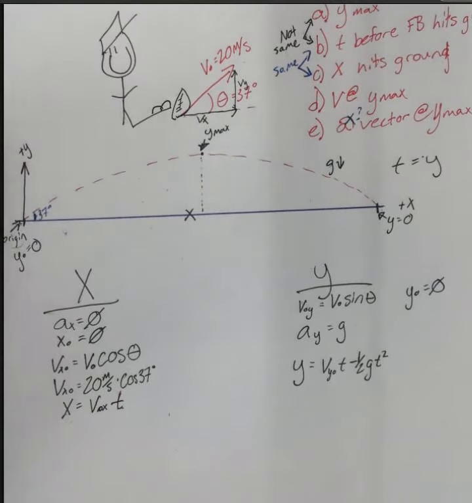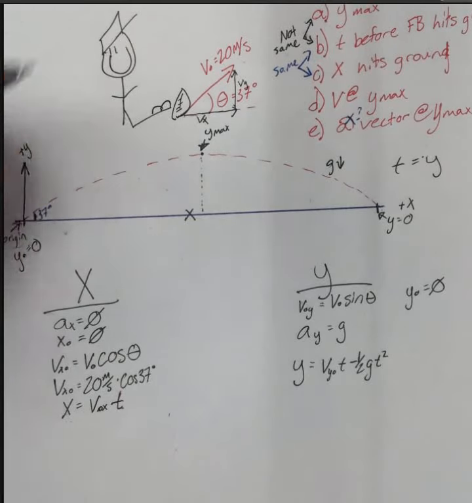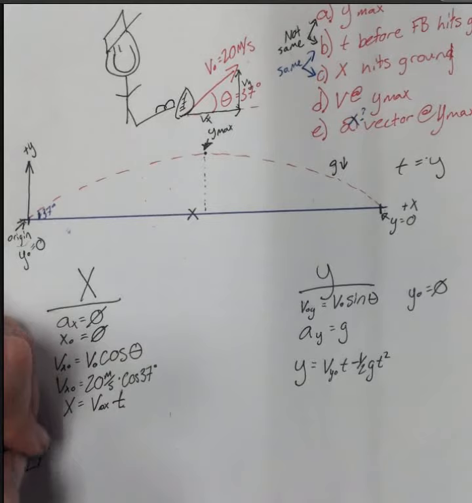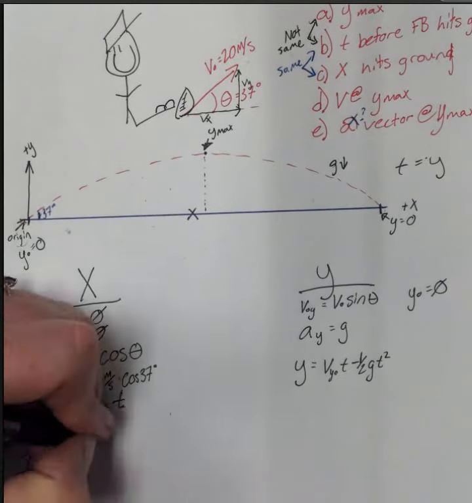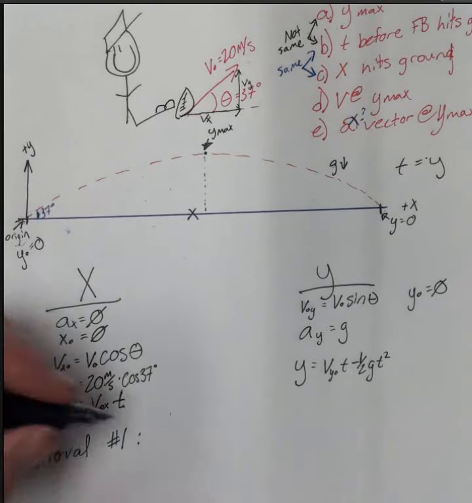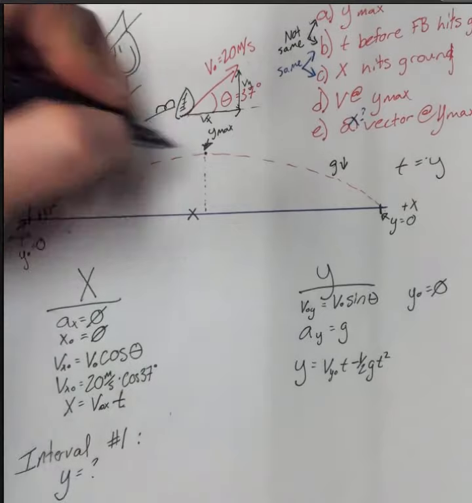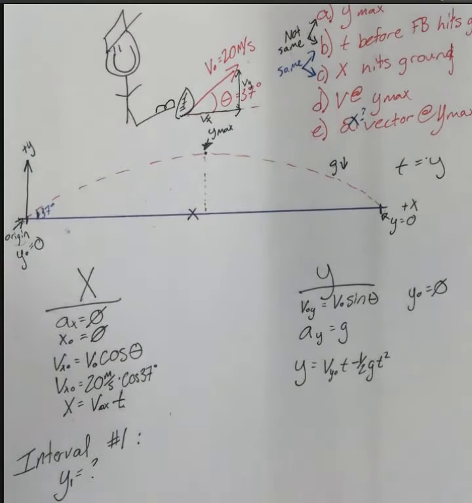We're only going to worry about what the maximum height is. So for interval number 1, we need to find the y value right there. We're going to call that y1 for interval number 1.